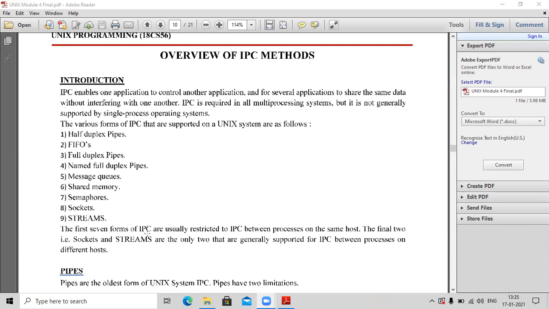That means one process is present on host A, the other process is present on host B. If those two processes want to communicate with each other, then we can make use of the IPCs called sockets and streams. So these are the major differences between these 9 IPCs. The first 7 will be on a single host, whereas the last 2 will be for communication between two processes found on different hosts.